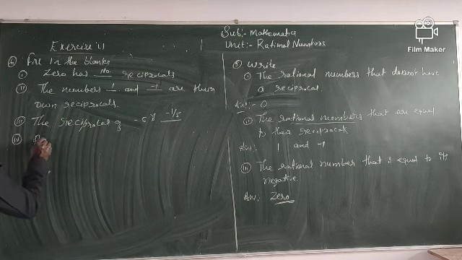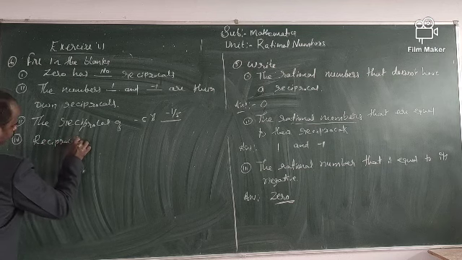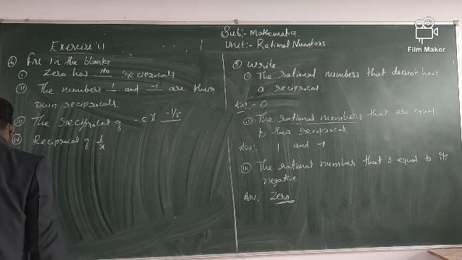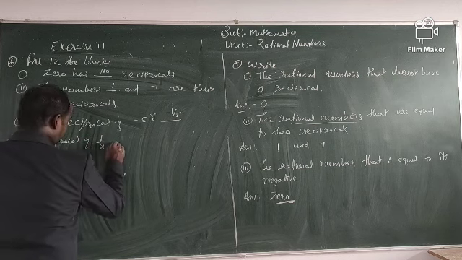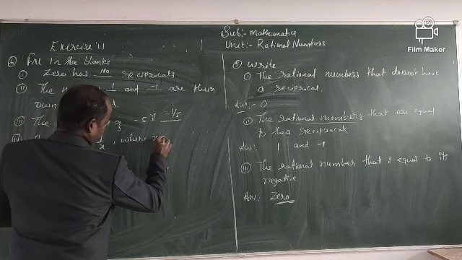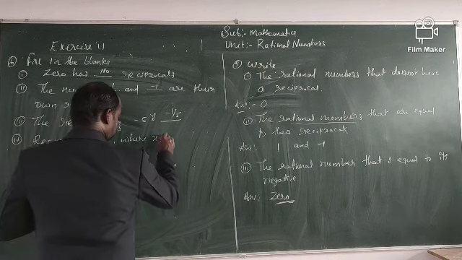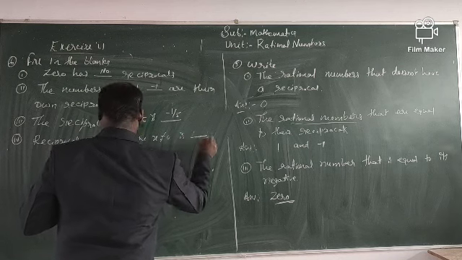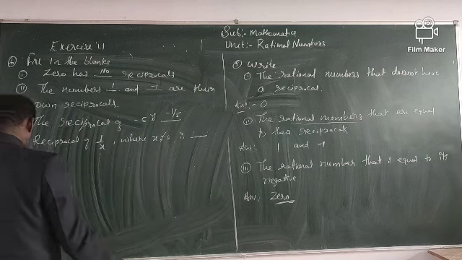Next, fourth one: the reciprocal of 1 by x, where x is not equal to 0, is a dash x.